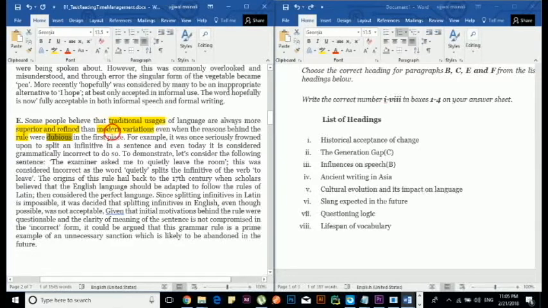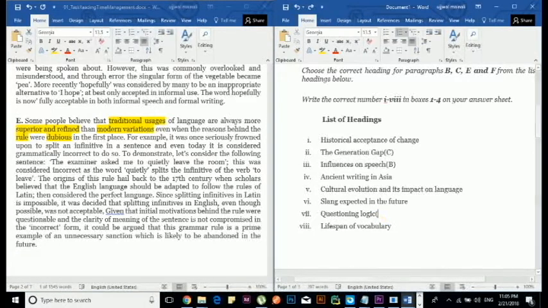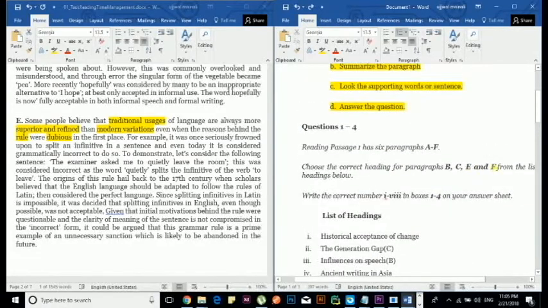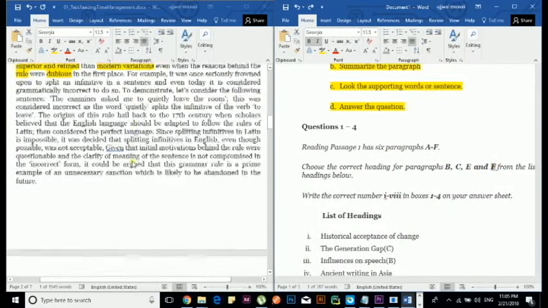So we already got what this paragraph will be talking about. It's talking about modern variations and the rules for those variations being dubious. So it's already questioning the rules. So 7 might be a suitable heading for paragraph E. So let's move on to F.